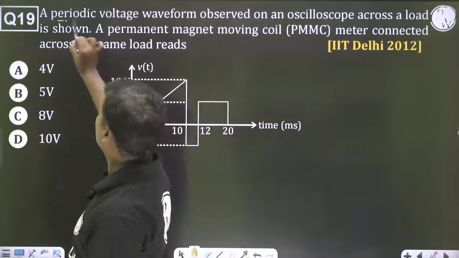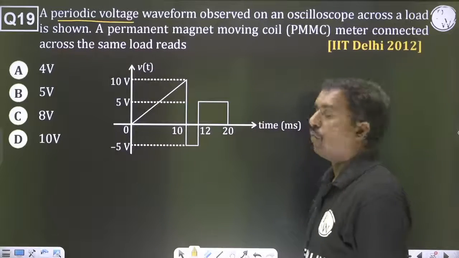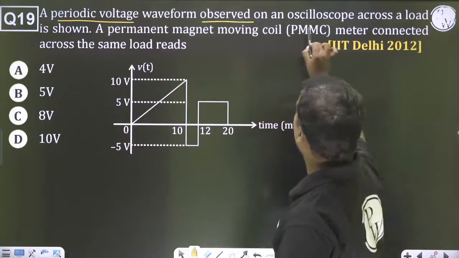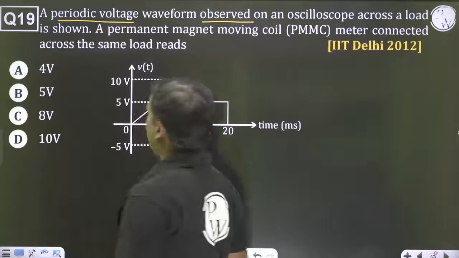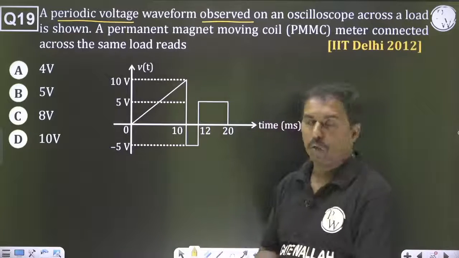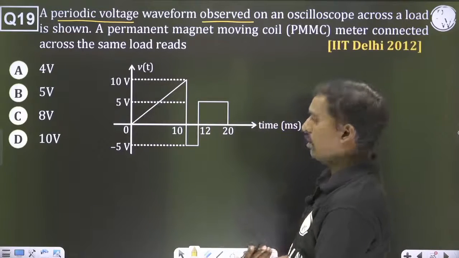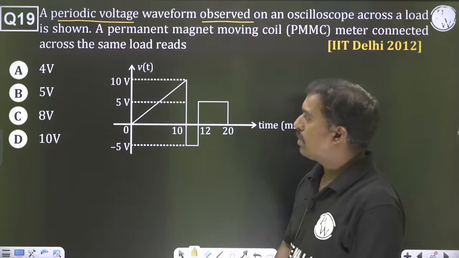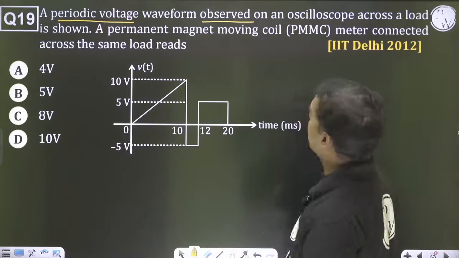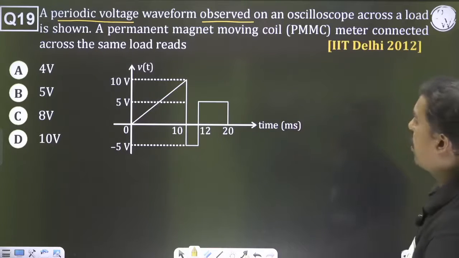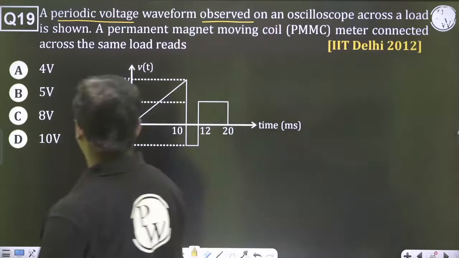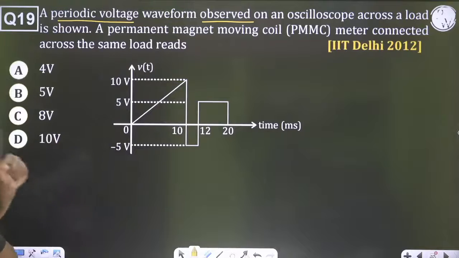A periodic voltage waveform observed on an oscilloscope across a load is shown. Okay, so this is the voltage across a load and it is connected to PMMC. As I told you, PMMC measures the average.